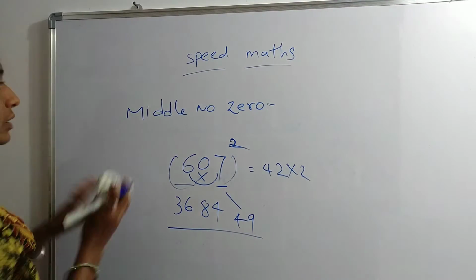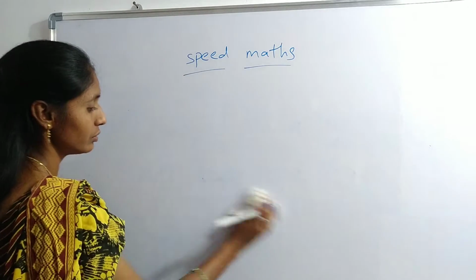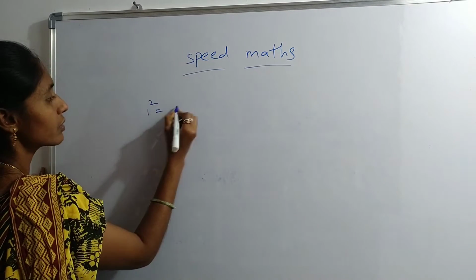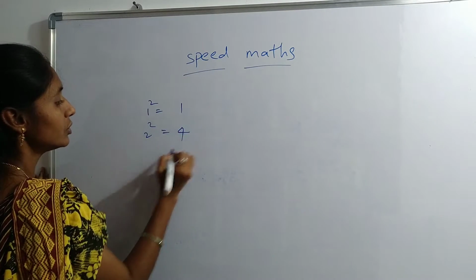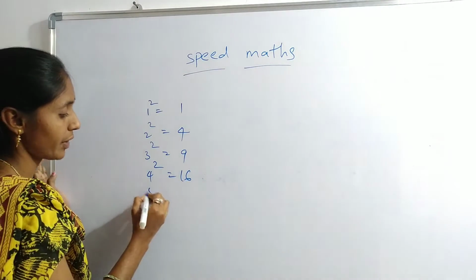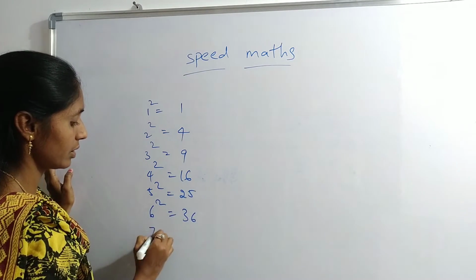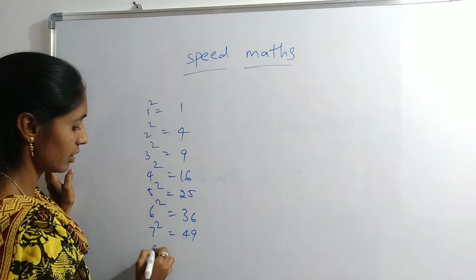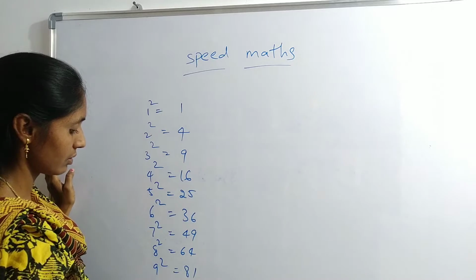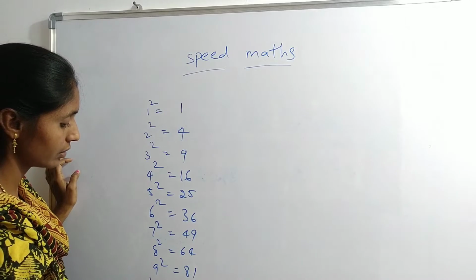Now square root values. Before that we should write 1 square to 9 square. 1 square is 1, 2 square is 4, 3 square is 9, 4 square is 16, 5 square is 25, 6 square is 36, 7 square is 49, 8 square is 64, 9 square is 81, and 10 square is 100.